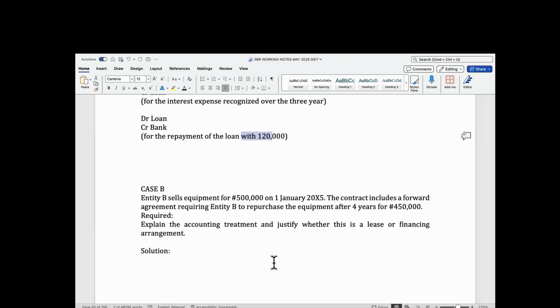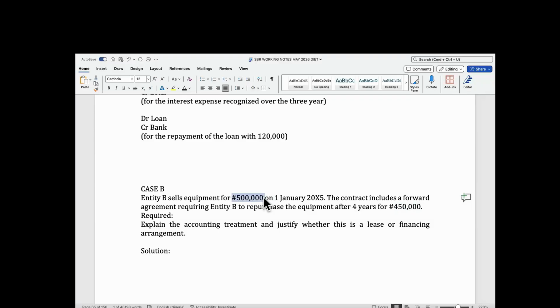Now look at another scenario where we sold for 500, and this one was very specific that the contract includes a forward agreement requiring entity B to repurchase after 4 years for 450. In this case, you see that the repurchase price is lower. Imagine that you sold an item for 500.